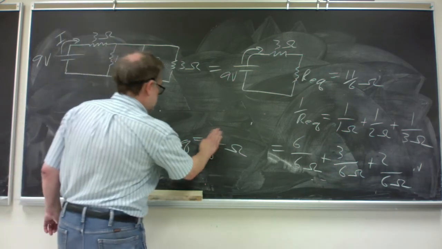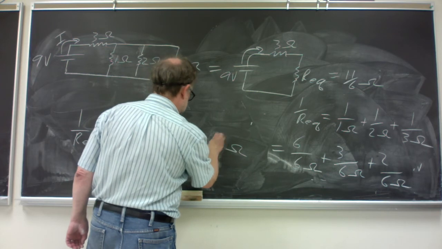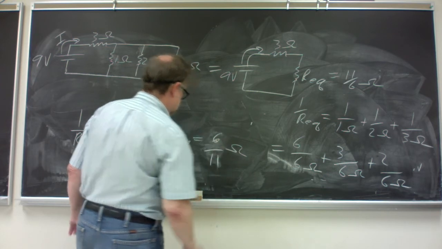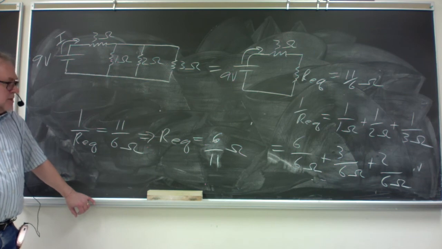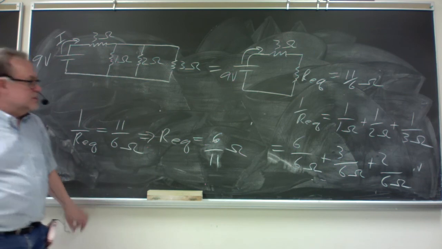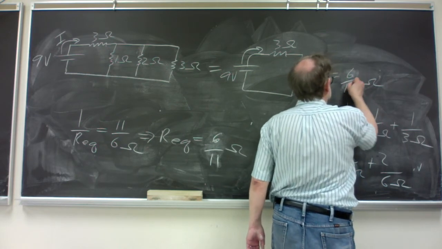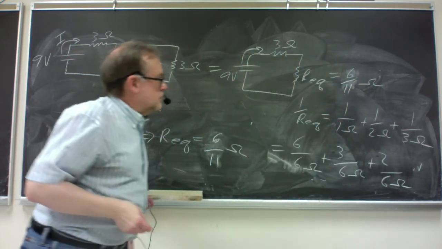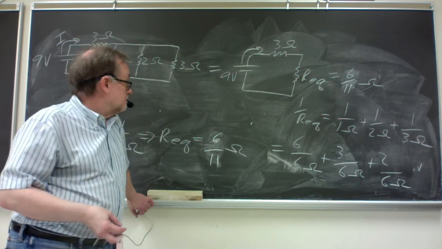Oh, something was wrong here. Okay. The inverse. The inverse of 11/6 is 6/11. So the equivalent resistance is 6/11 ohms. 6/11 ohms, just slightly more than 1/2.